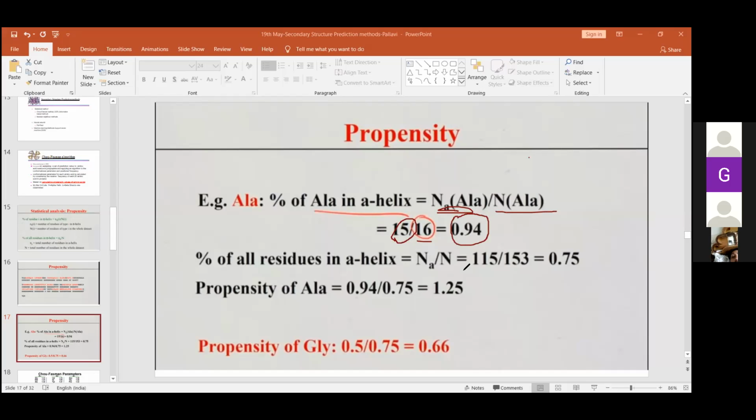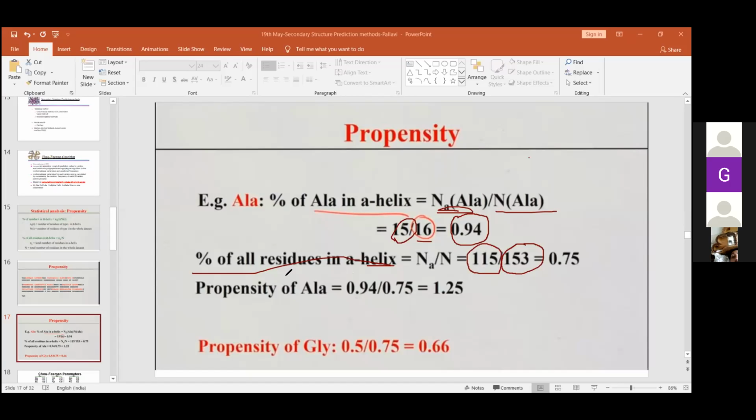So it comes out to be 0.94. Now, for the second part of the propensity, I told you that we have to see the percentage of all residues in alpha helical form. Let us say the total size of the protein sequence was 153, and out of this 153, the total number of amino acids in alpha helical form, whether alanine, valine, proline, isoleucine, or any amino acid, was 115.